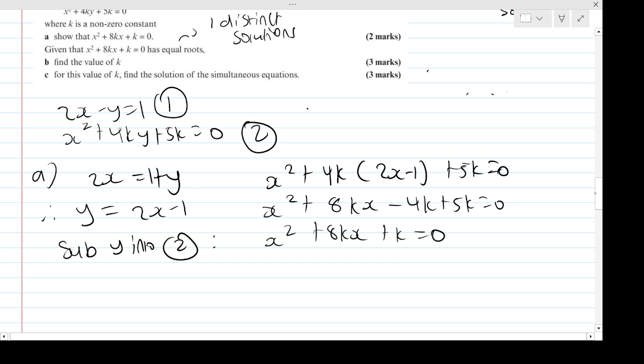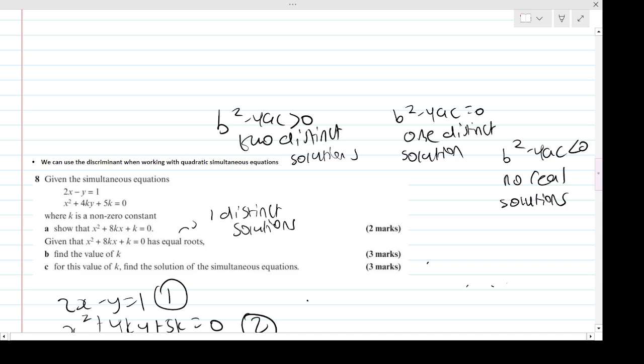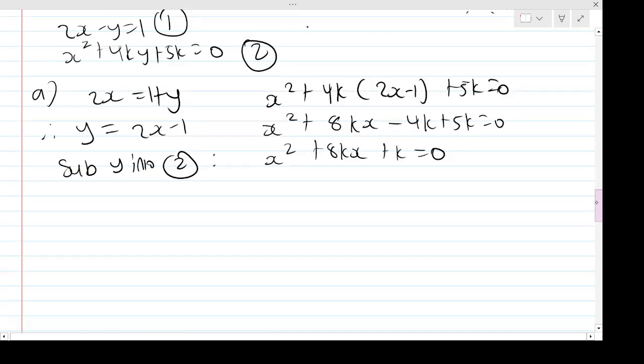You can only have two solutions, but if they're both equal, then you only get one distinct solution. They're not different, they're equal. Well, that's when the discriminant is equal to 0. So that's what we're going to do.